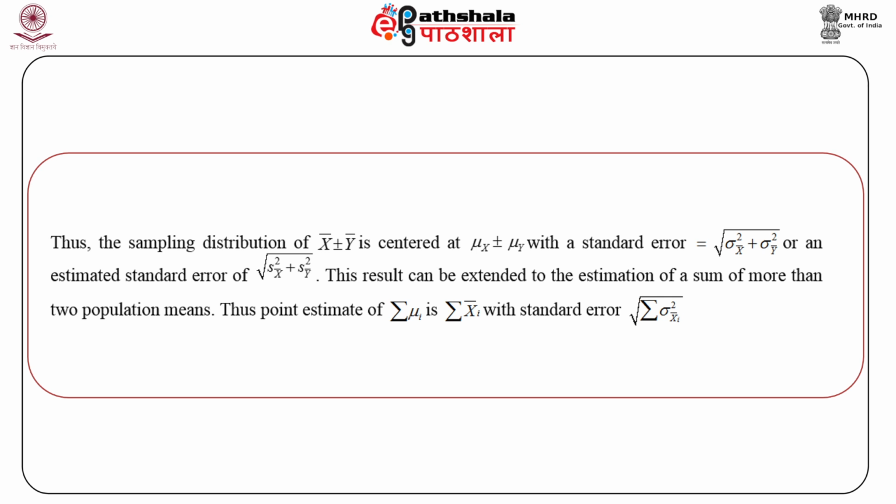Now, this result can be extended to the estimation of a sum of more than two population means. The point estimate of the sum of mu i is equal to the summation of x i bar with the standard error of the square root of the summation of sigma x i bar square.